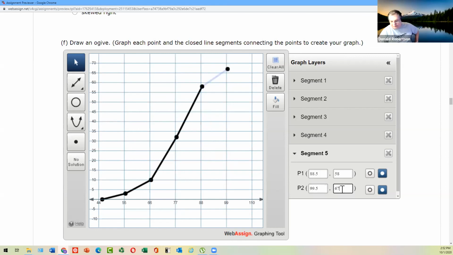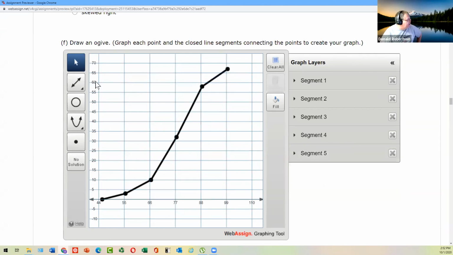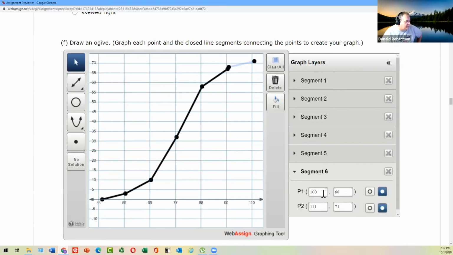I'm getting these numbers from that big horrible piece of paper that I have written down. And at last, start at this guy and finish at 110.5, 70. 110.5, 70 is probably about here. Let's make it work. That 100 should have been 99.5, and instead of 68, it should have been 67.